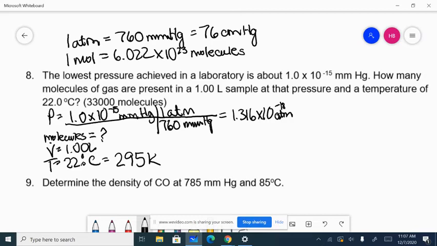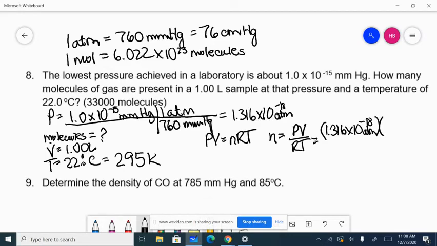Now, there's also a couple ways you can do this. You can solve for the number of moles, and PV equals nRT becomes n equals PV over RT. Pressure, 1.316 times 10 to the minus 18 ATM. Volume, 1.00 liters.